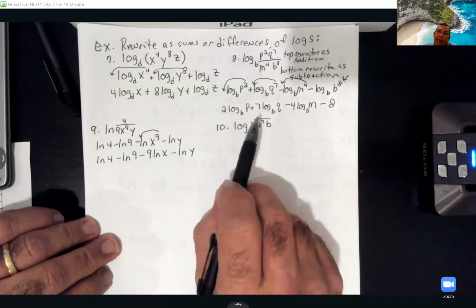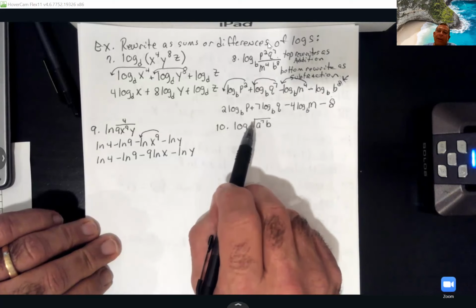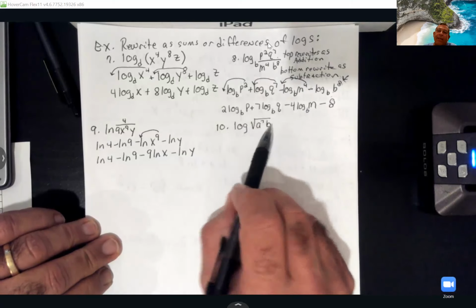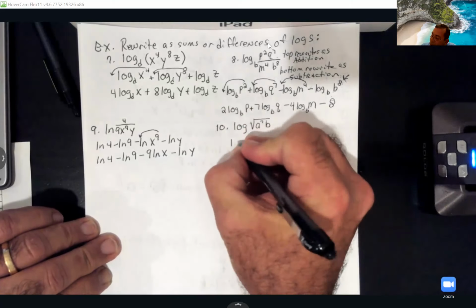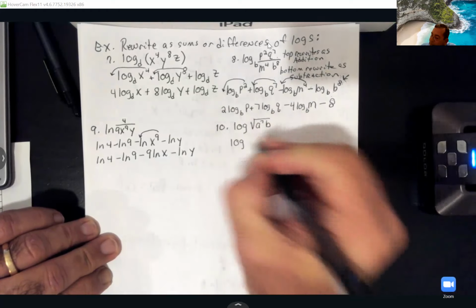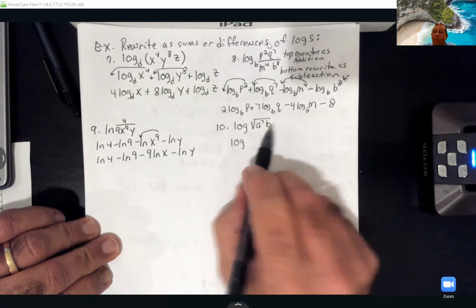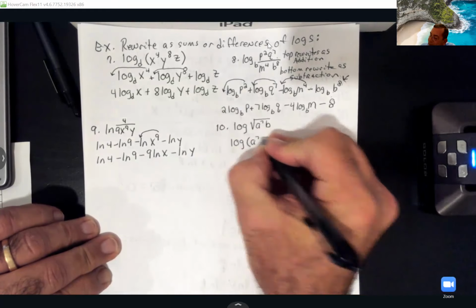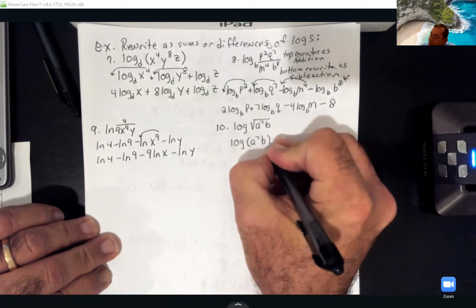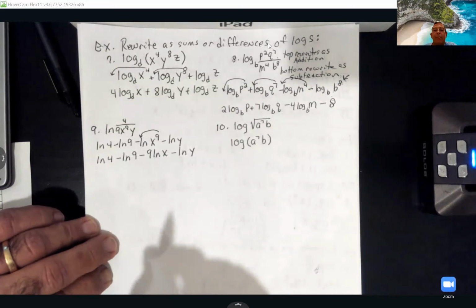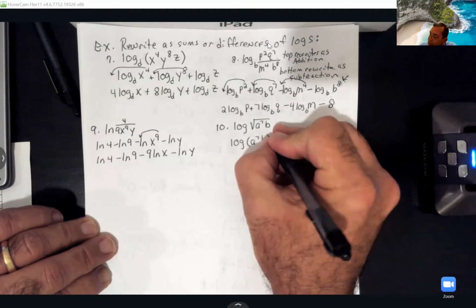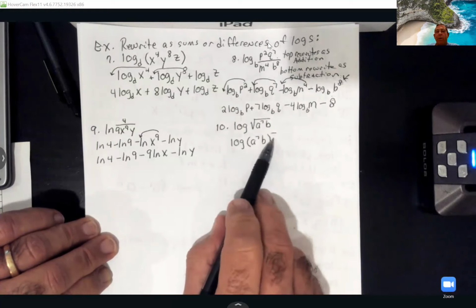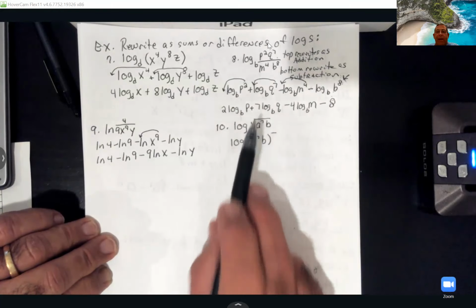So the first thing you got to do is get rid of that radical by rewriting this. So I'm going to bring down the log. Now, since I got 2 things under the radical, I'm going to put that a to the 7th b in parentheses. But my question is, what exponent would I put here to rewrite this radical?